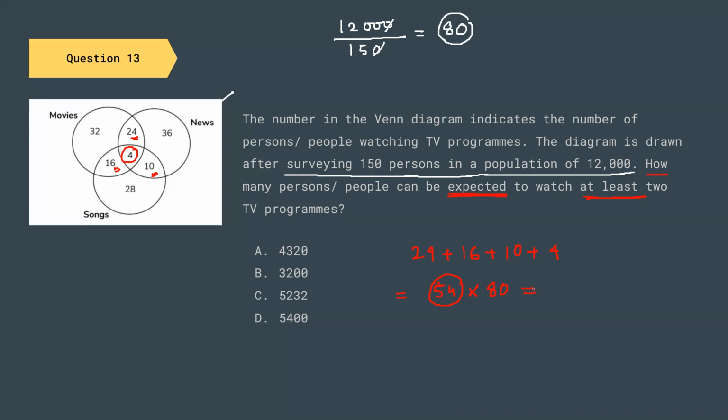That gives us 4,320. So the final result is 4,320. This many people are expected to watch at least 2 TV programs. This is an expectation. It might be correct, it might not be correct.